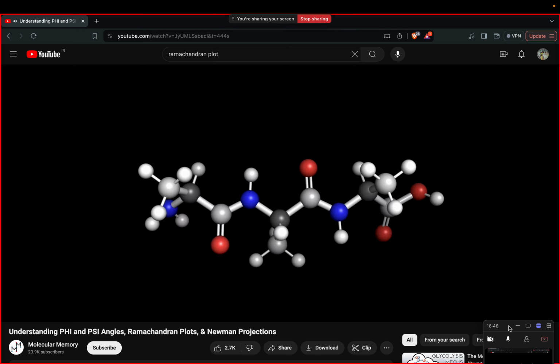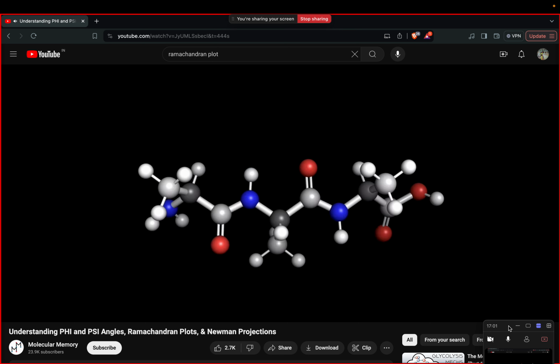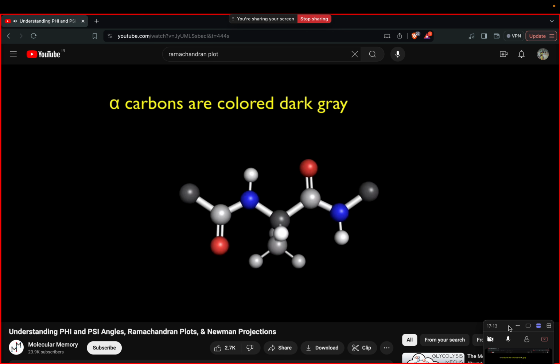We'll start with a tripeptide made up of 3 alanine residues. And for good measure, let's show the peptide bonds and label the N-terminus and C-terminus. When we measure phi and psi angles for our central alanine, we'll need to look at some atoms in the surrounding amino acids. But we can simplify our structure by removing atoms that are not needed to view phi or psi for the central alanine.